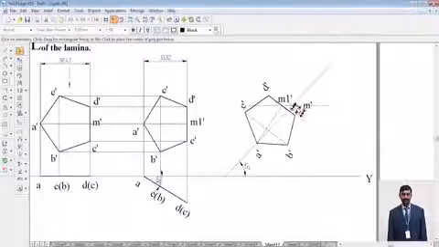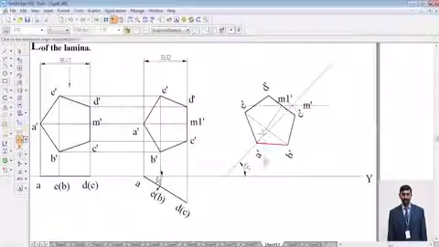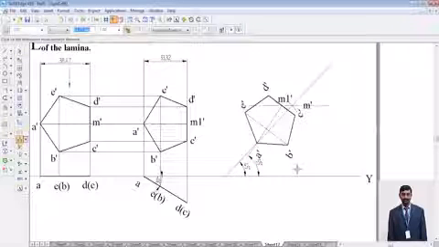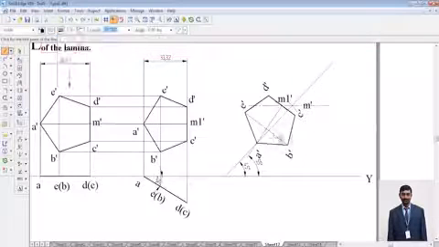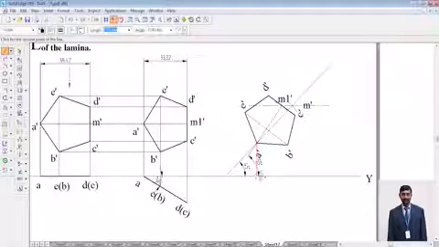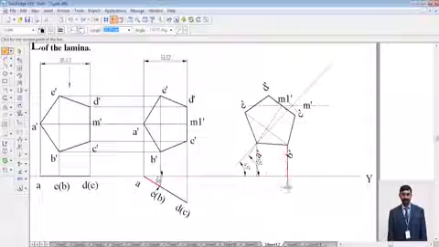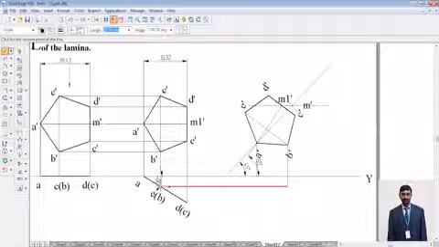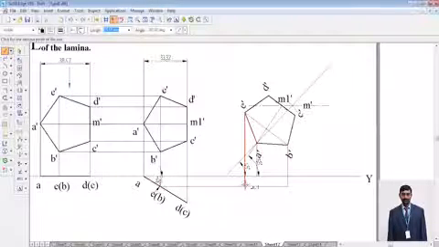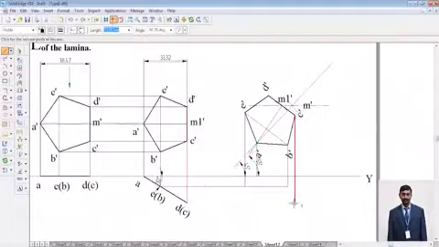Next is drawing the third view. So before that, we will find out what is the beta angle. So this is around 55 degrees. So next, draw the projection lines. Projection line from A will be ending on the XY line. So projection line of E and B are same, and projection line of C and D are same.